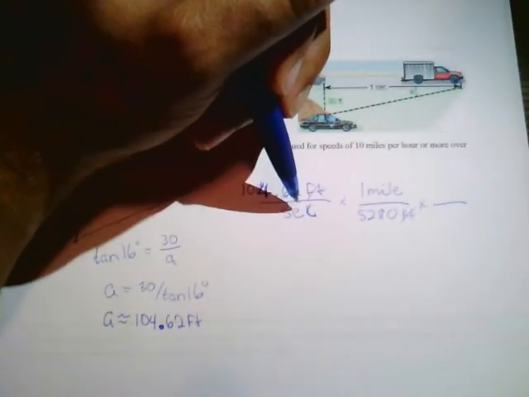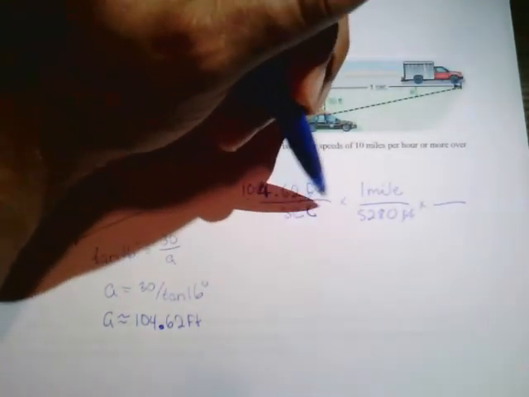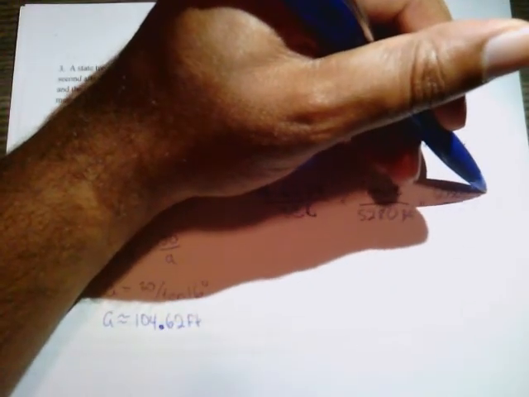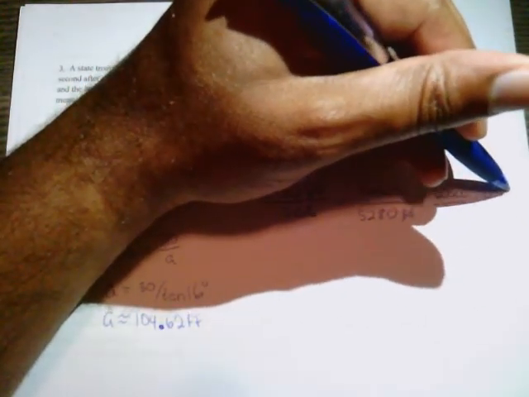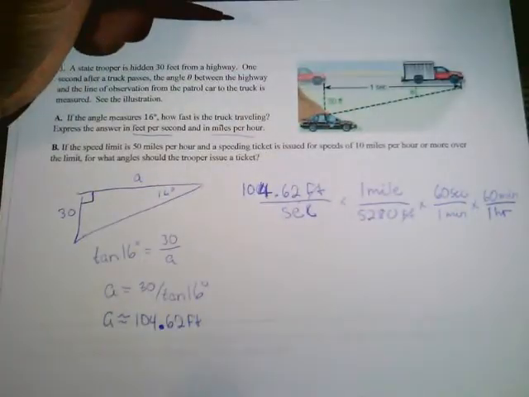We can't go straight from seconds to hours, but we'll go from seconds to minutes. So you have 60 seconds in 1 minute, and then you have 60 minutes in 1 hour. So now we'll cancel the seconds here, and then we'll cancel the minutes next. So then we'll be left with miles per hour.